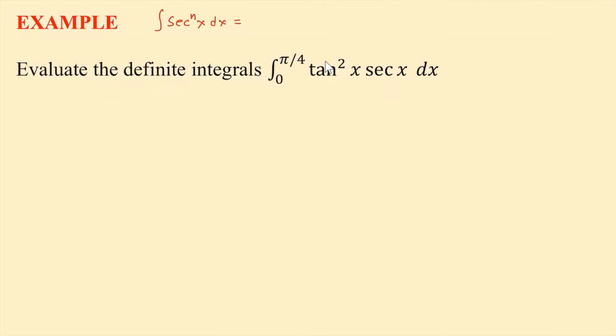When you integrate, it will be secant raised to n minus 2 x, tangent x, divided by n minus 1, then plus n minus 2 over n minus 1, and then integration of secant raised to n minus 2 x dx. So you can see that the power reduced by 2.